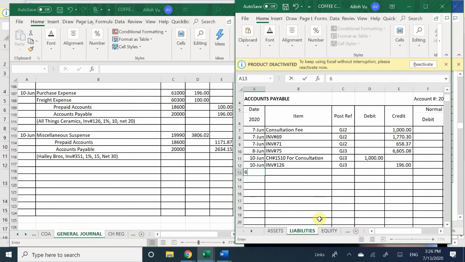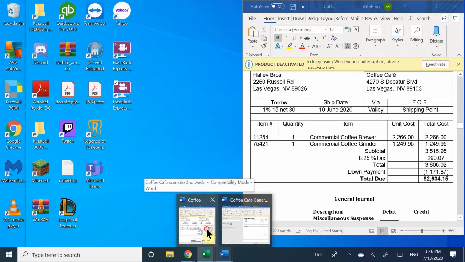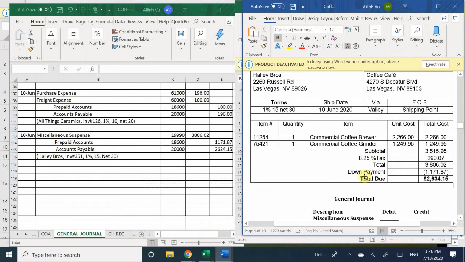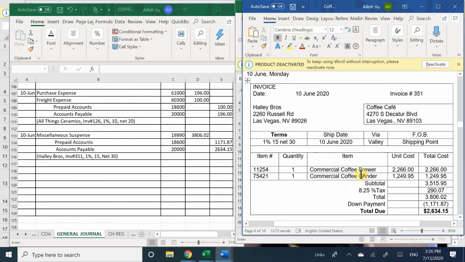So here's 610. And this is where I'm going to indicate the invoice number. Nope, 351. Well, no, page number 17. Oh, yes, page 17. So 351 is the invoice number. Okay.